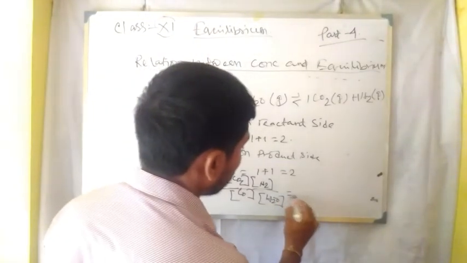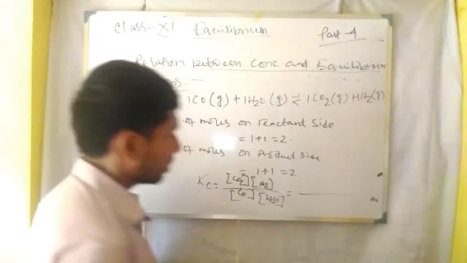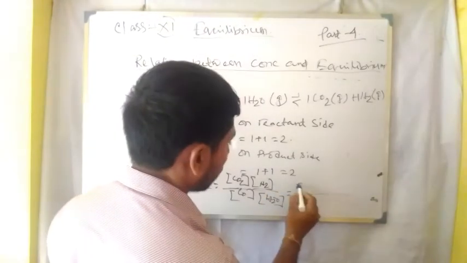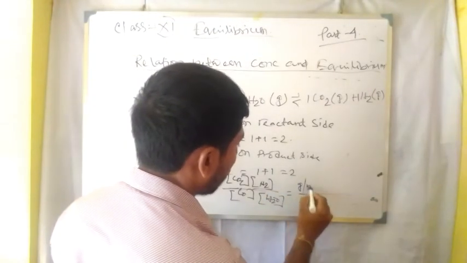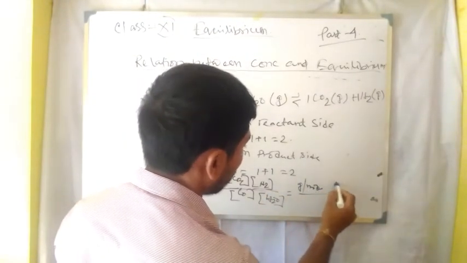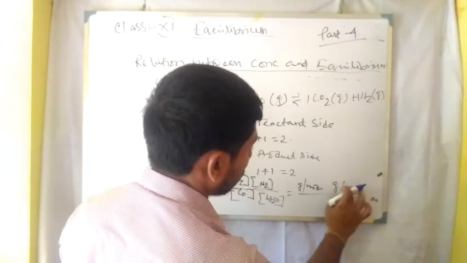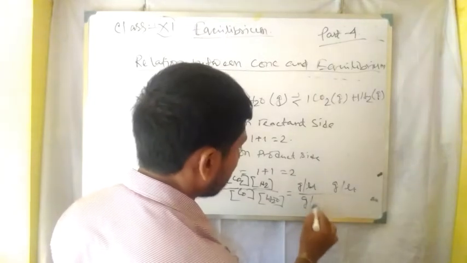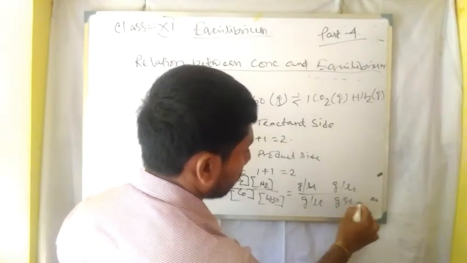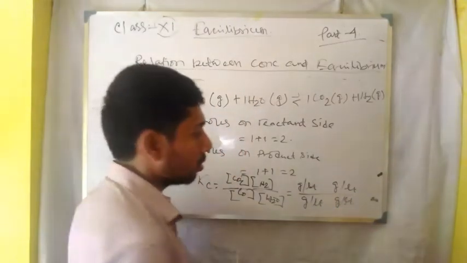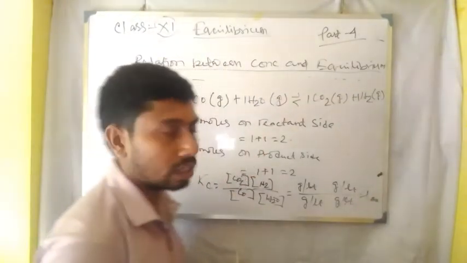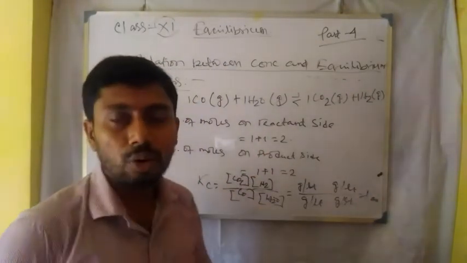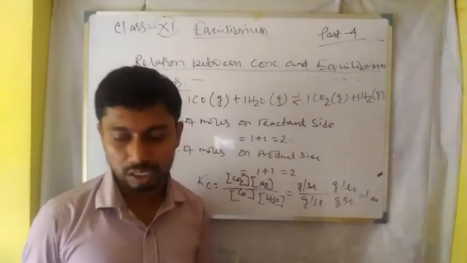Now if we represent all the concentrations, suppose it is gram per liter here, gram per liter here, gram per liter here and gram per liter here, right? Then all cancel out and there will be a unity. So here there is no unit of equilibrium constant.